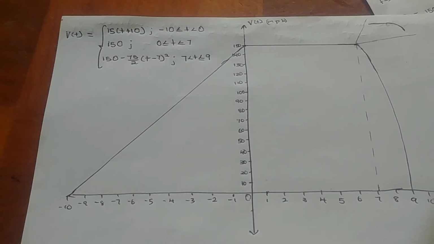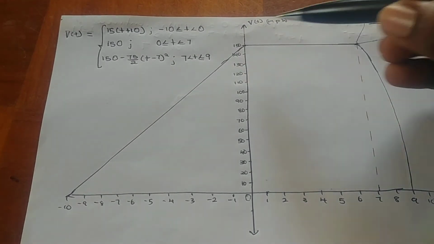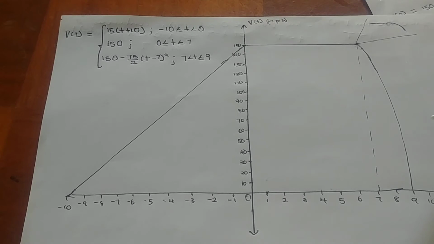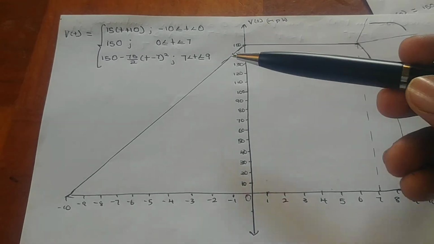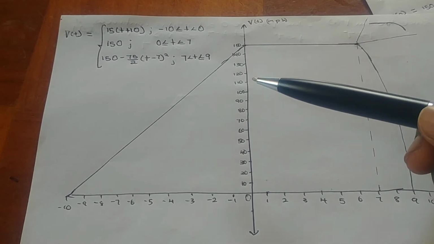Also, you must check to see if it's continuous, because if it's not continuous, then there's no way it can be differentiable. But as we can see, these 2 points were continuous, but now we're checking to see if it's differentiable. So all we need to look for is a sudden change in the gradient. Look at this one.